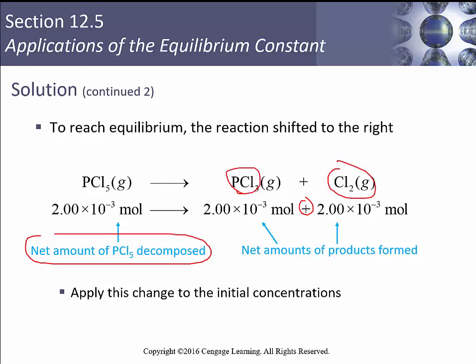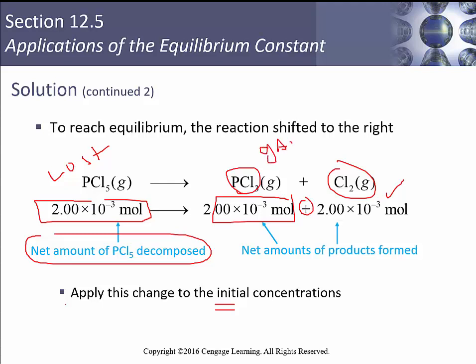Remember, this was given, and we just kind of figured this out. Right? How did it need to get there? We're going to apply this change to the initial concentration. So we lost some phosphorus pentachloride, and we gained some chlorine, and we gained some phosphorus trichloride.